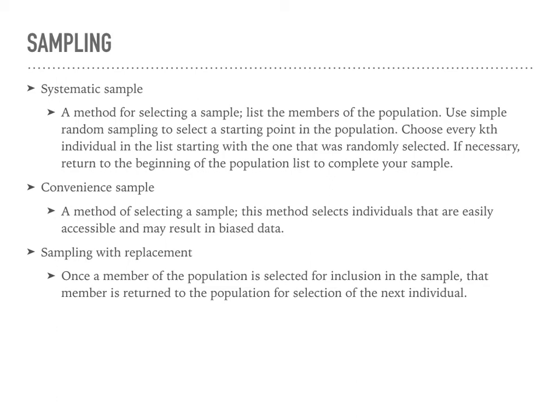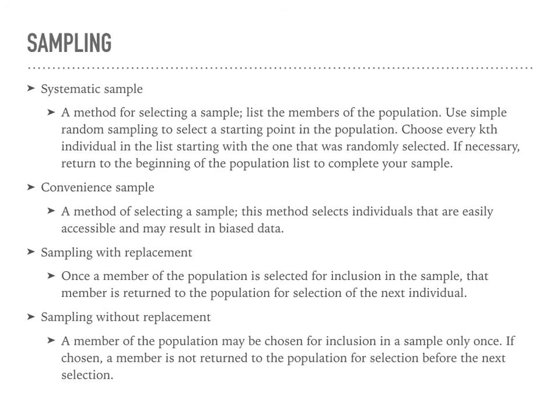Meaning you can have the same individual being sampled more than once. Now, sampling without replacement is different. So with sampling without replacement, a member of the population may be chosen for inclusion in the sample only once. If chosen, a member is not returned to the population for selection before the next selection.